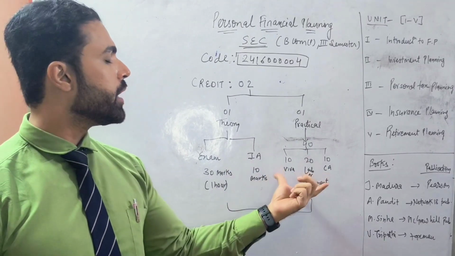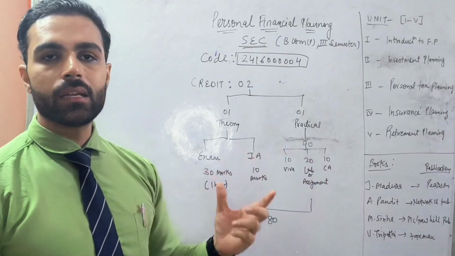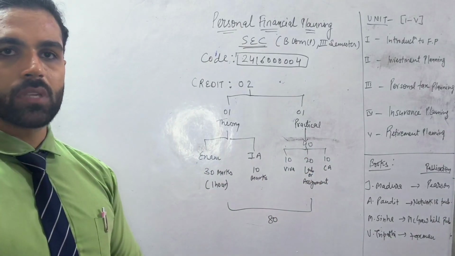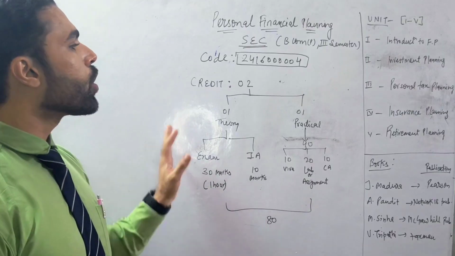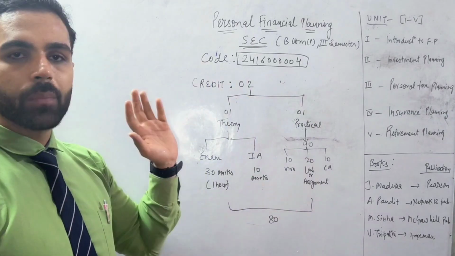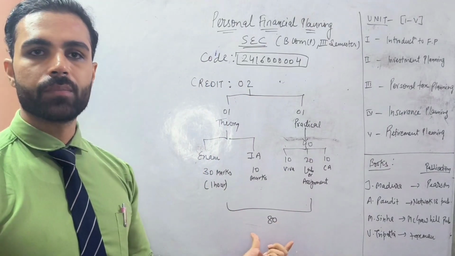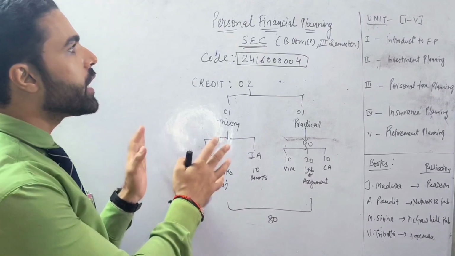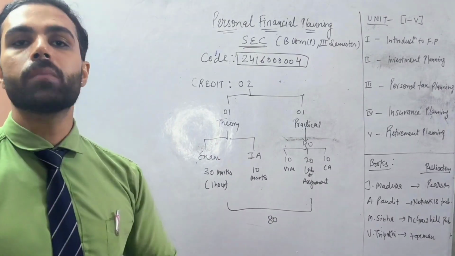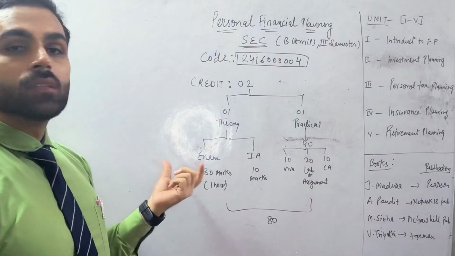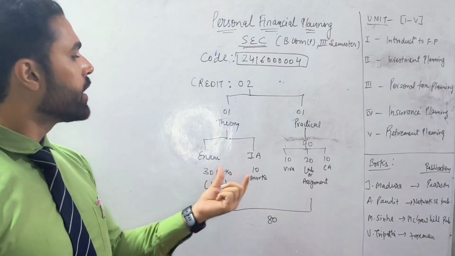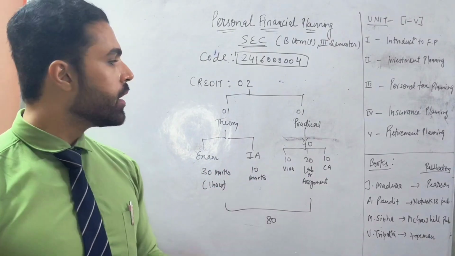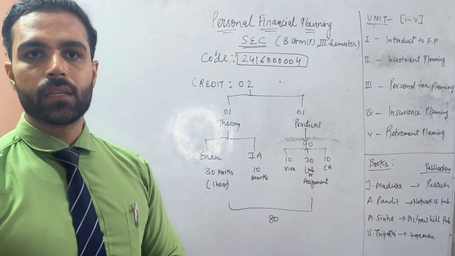So overall there will be 40 marks practical in the SEC paper of Personal Financial Planning. The overall weightage of this SEC paper will be 80 marks. So this is the verification of your Personal Financial Planning: 30 marks for the theory paper, 10 for internal assessment and 40 for your lab practical.